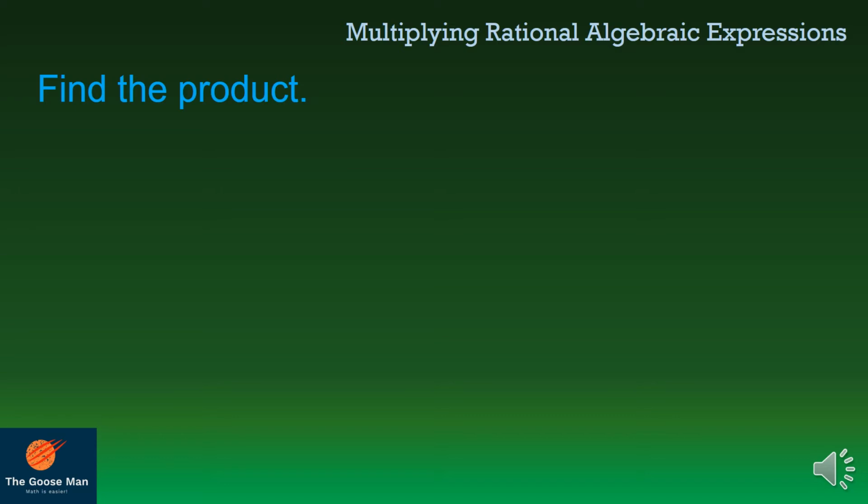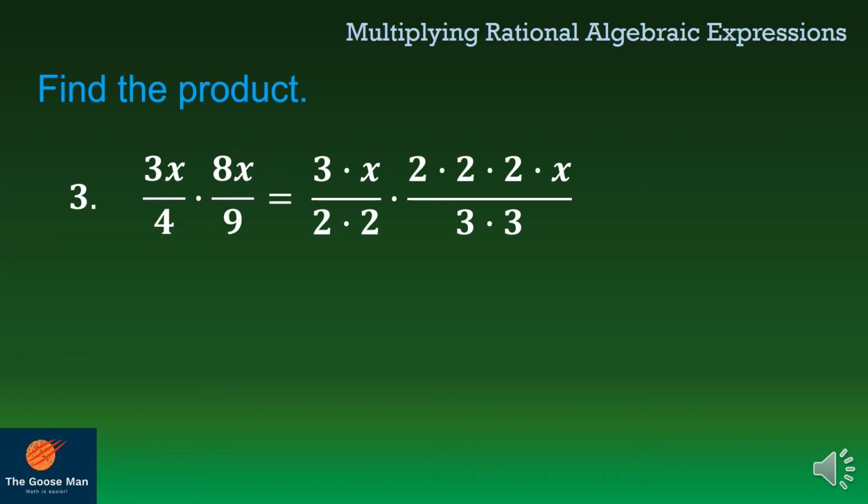Okay, let's try another example. So I have here 3x all over 4 times 8x all over 9. Again, I'll factor out 3x as 3 times x, while 4 is 2 times 2, and 8x is actually 2 times 2 times 2 times x, divided by 3 times 3.